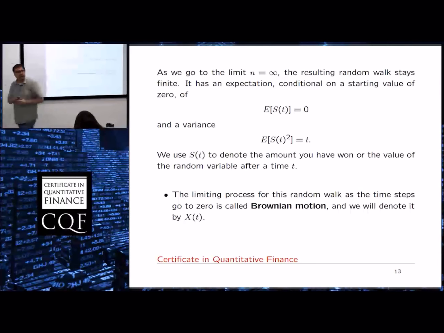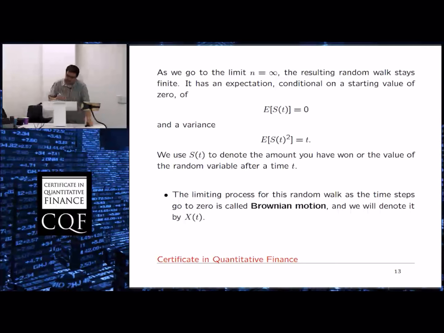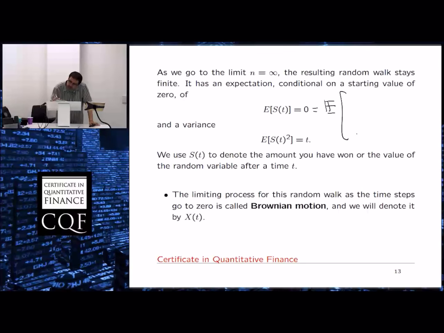So if we quickly expand this out, this is equal to the expected value of the limit as n tends to infinity of the sum of R_i, i equals 1 to n.